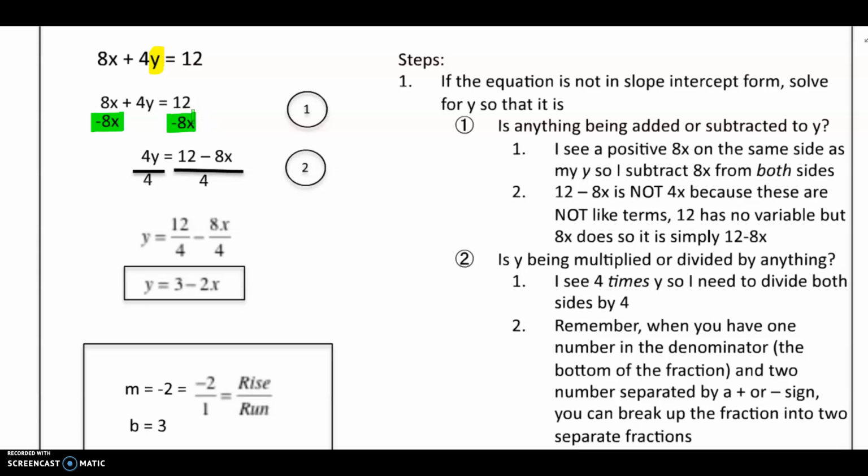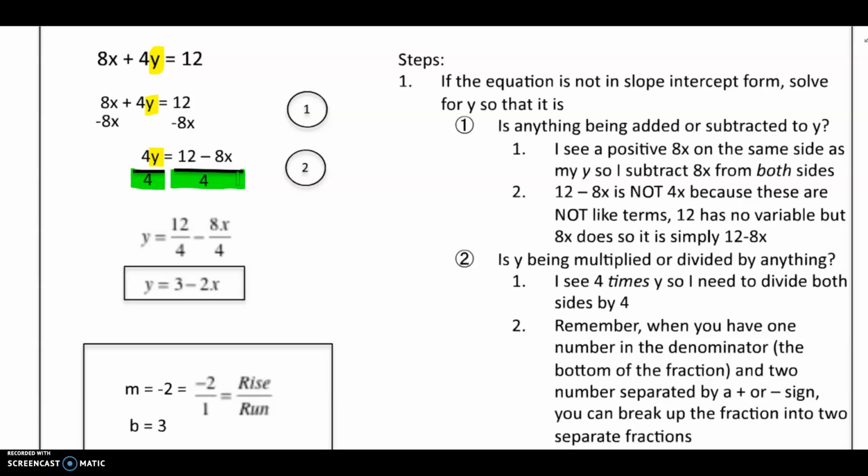12 minus 8x is not a set of like terms. I cannot do 12 minus 8. Please be careful with that. 12 minus 8x stays as 12 minus 8x. Next, we got it down to having 4y, but still we don't have y alone. So to get y alone, we divide by 4. And if we divide that by 4, we divide everything by 4.